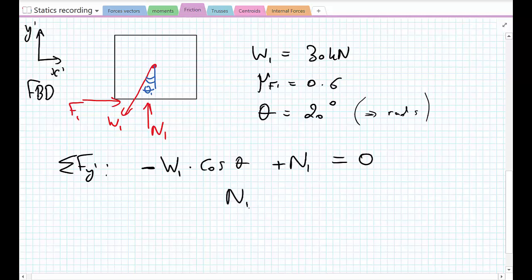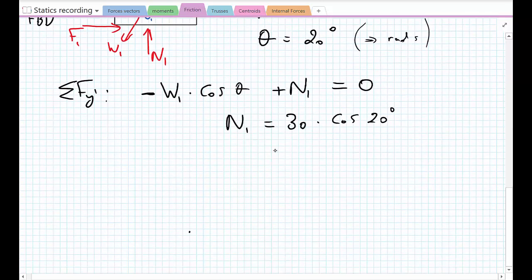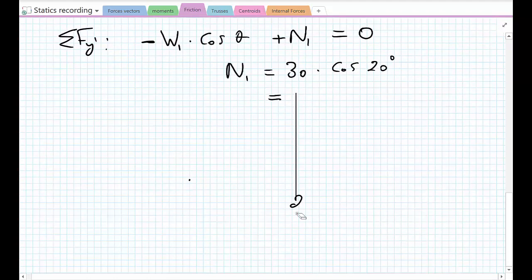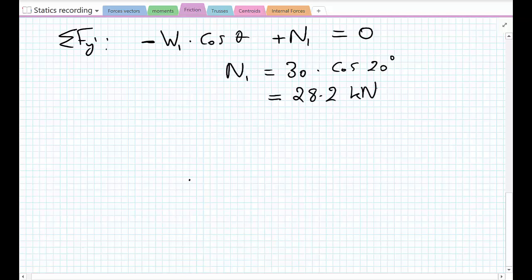So we have N1 equals 30 multiplied by the cos of 20 degrees, and therefore N1 equals 28.2 kilonewtons.